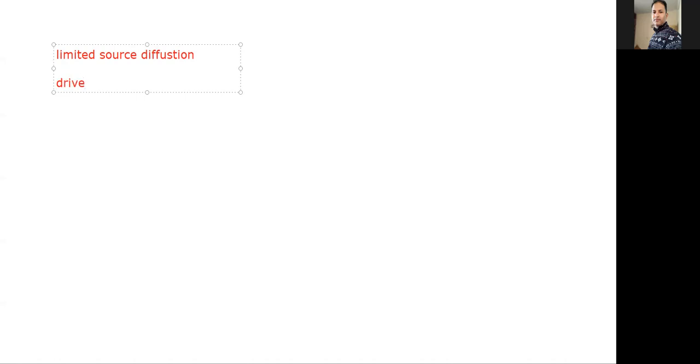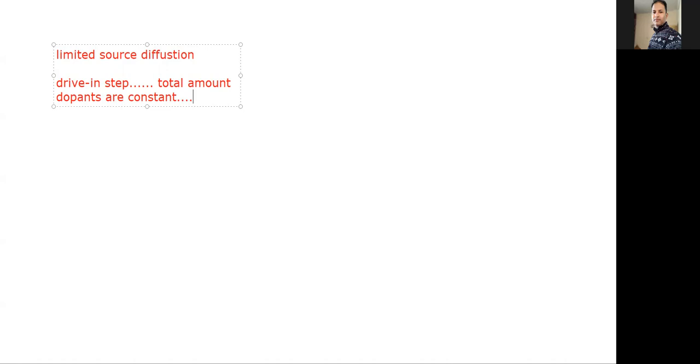What basically happens is that the total number of dopants is constant. Whichever dopants are already present in the substrate, only those participate in the diffusion process. They will diffuse, and there are no new dopants entering the substrate.